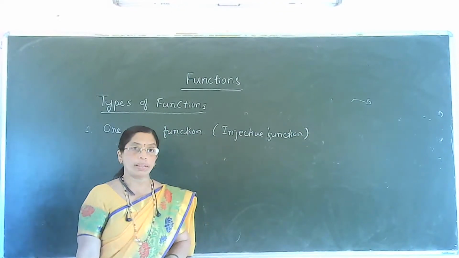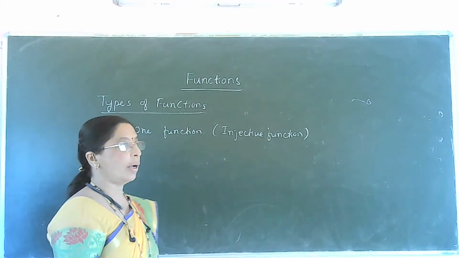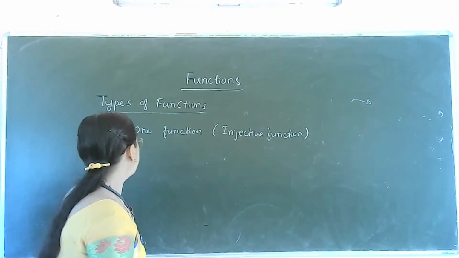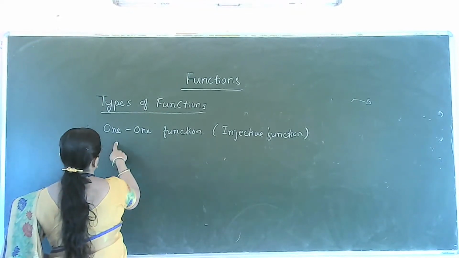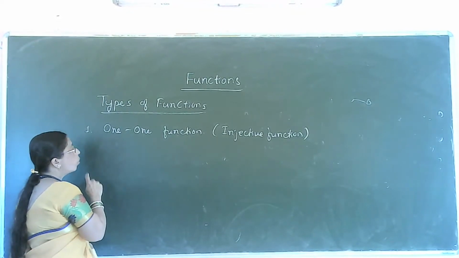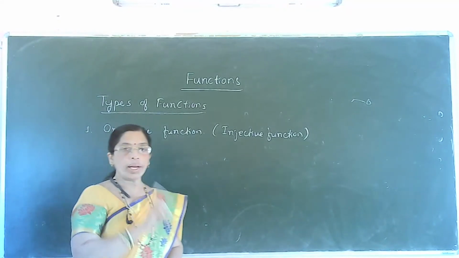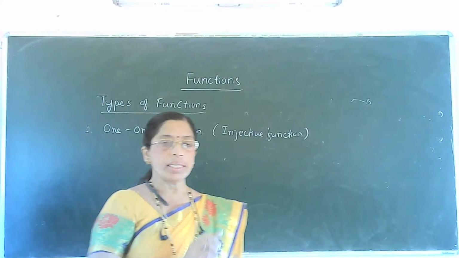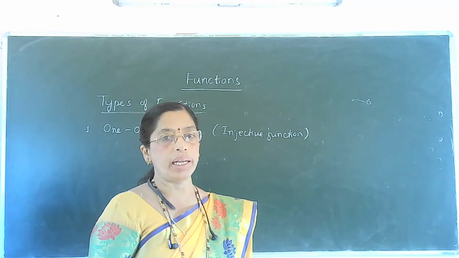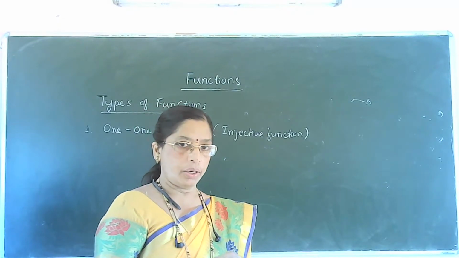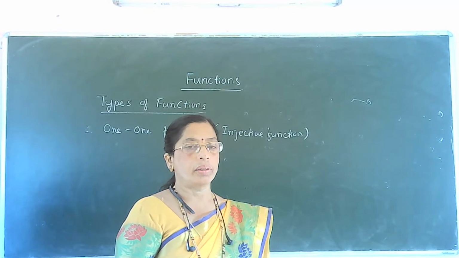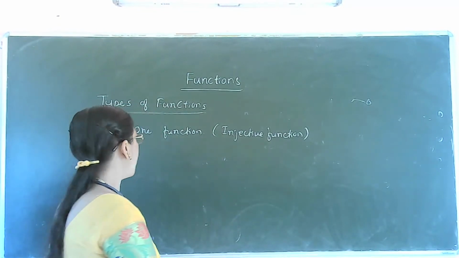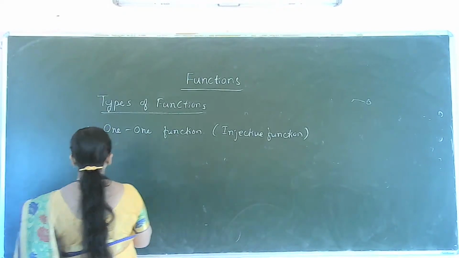First of all, we satisfy the conditions of a function, then the condition of one-one. Its name itself says that in a one-one function, one element has one separate image. One element of the domain has a separate image; it is not the image of another.